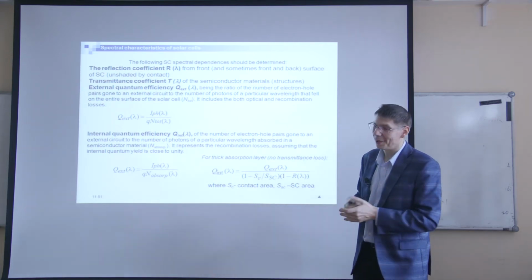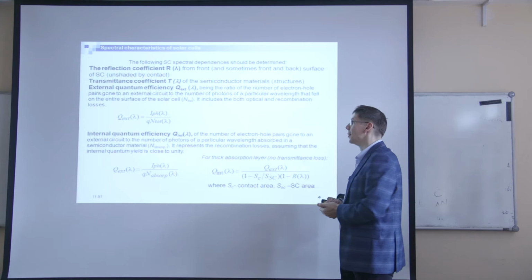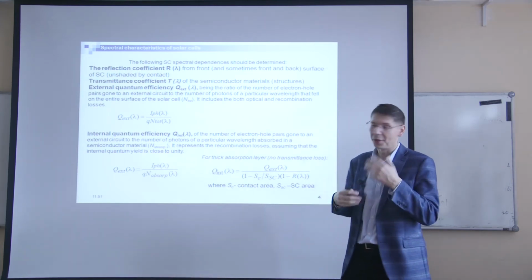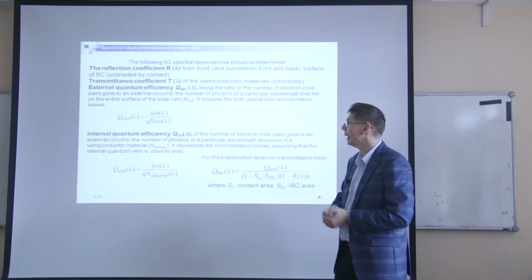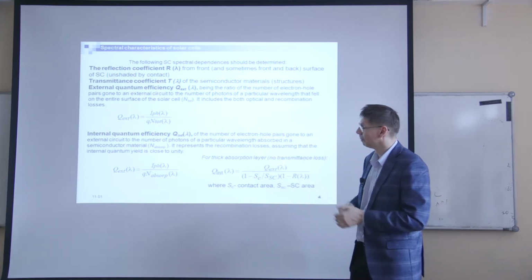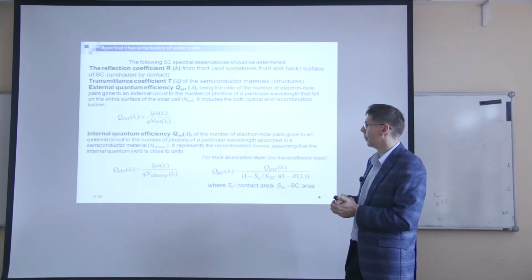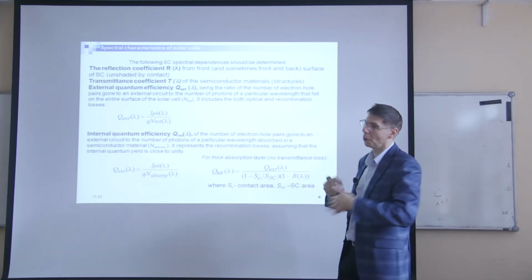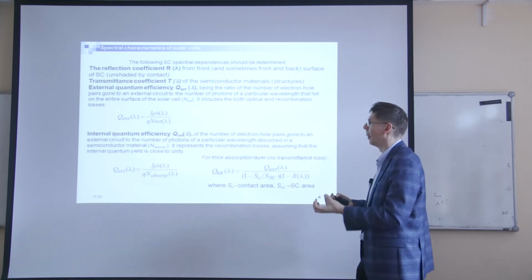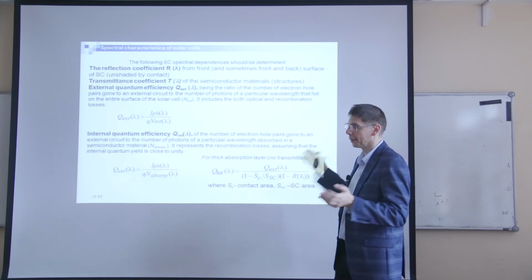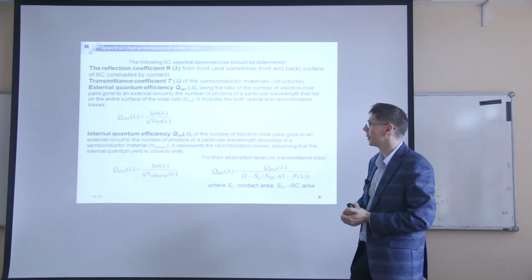Moreover, theoretically there is some possibility to get higher than 100% quantum efficiency if you have multiplication. For example, due to one photon you can get not only one but a few electron-hole pairs.